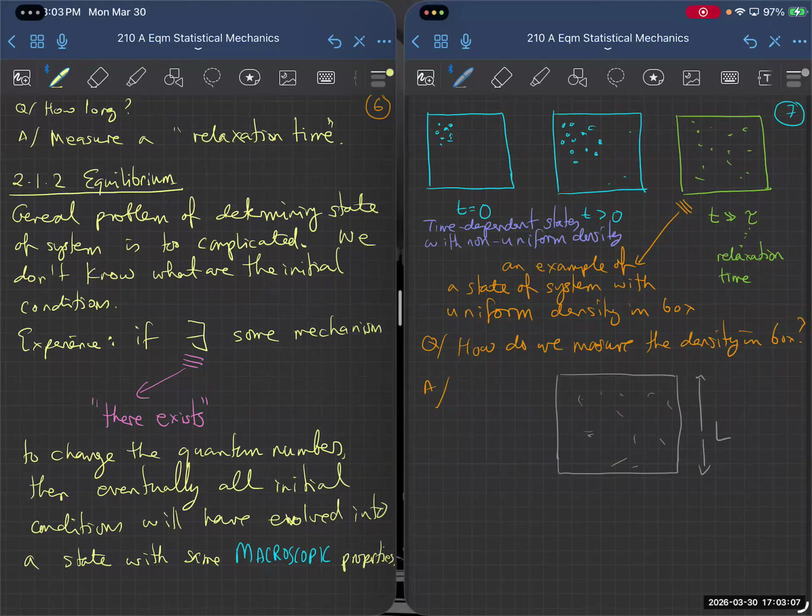We need to do this because we're going to need to get an alien, and we're going to need to trap that alien inside this box.